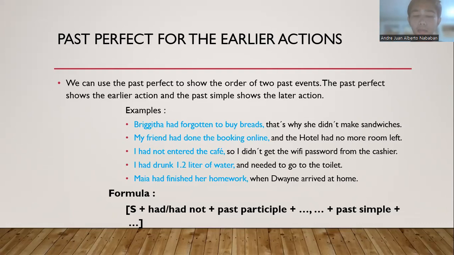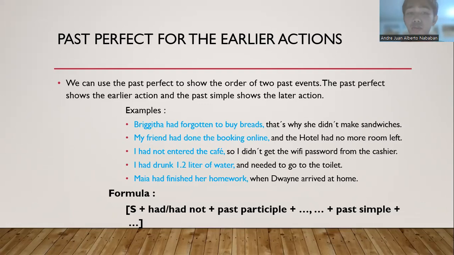Here, in this sentence, look at the verb. Here is written had and forgotten. Had is an auxiliary verb, a past auxiliary verb from have or has, and forgotten is a past participle verb from forget.